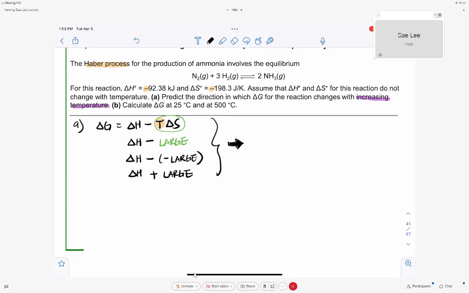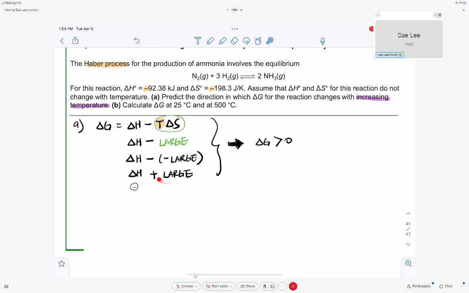The enthalpy value is negative, right? If you are adding a large value to this negative enthalpy, what's going to happen to the delta G? The delta G is going to be positive.